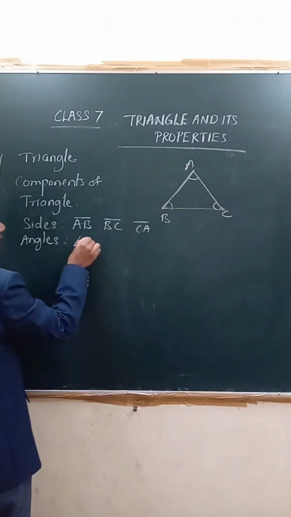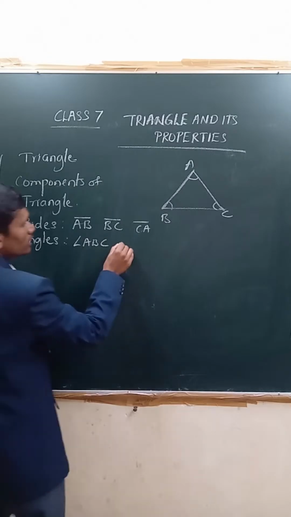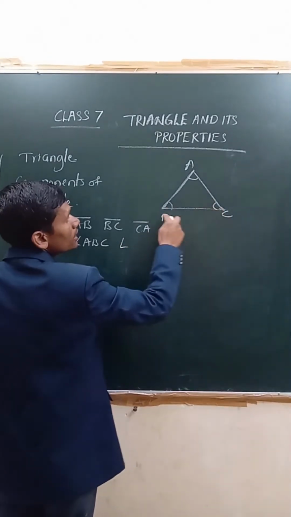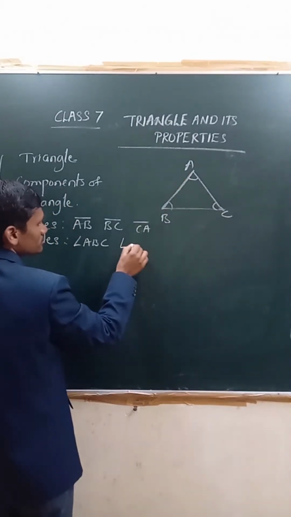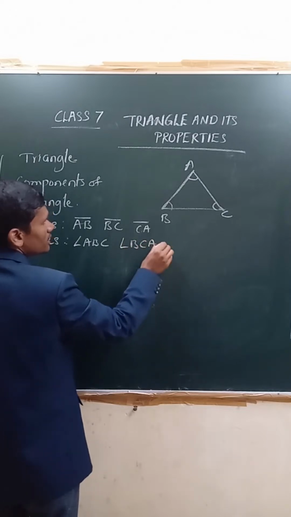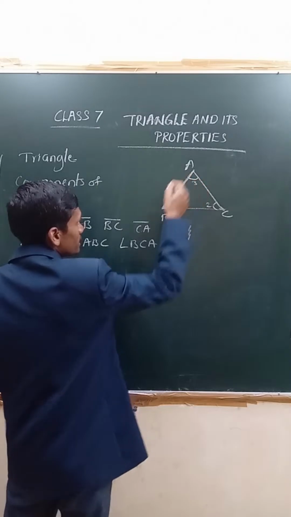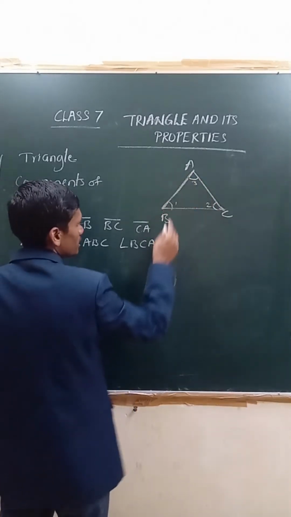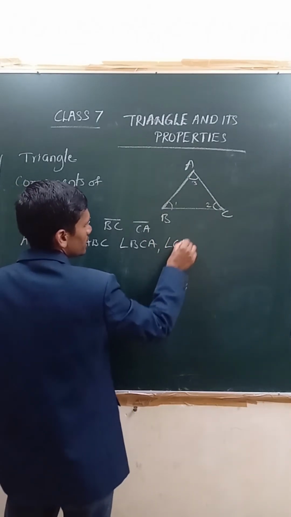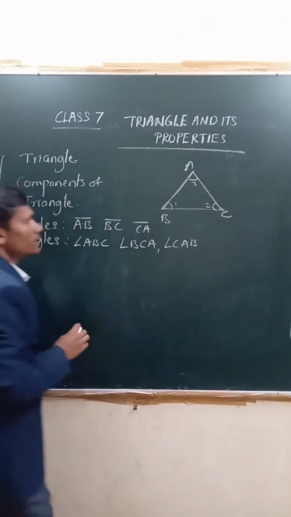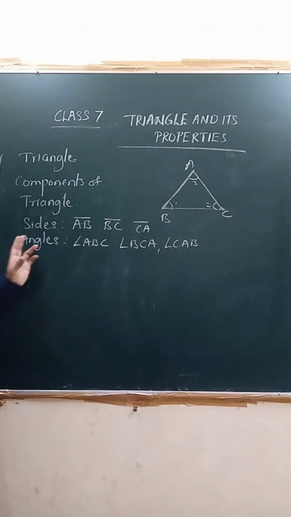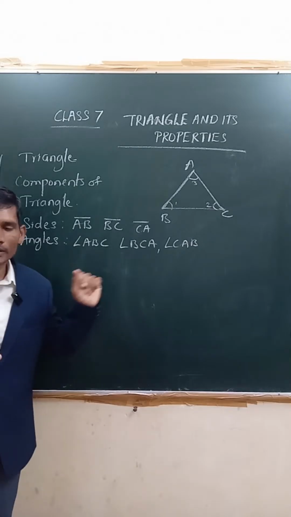Angle ABC, this is one. Next angle BCA, this is second. Third one I'm going to name like this, angle CAB, right? Three angles are there, and the sides also three are there, right?